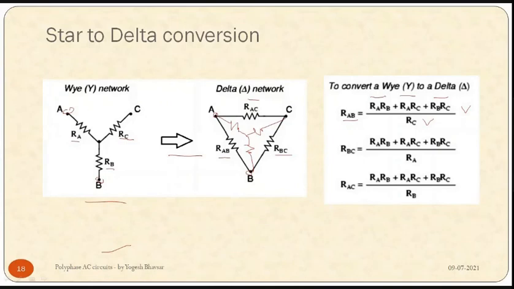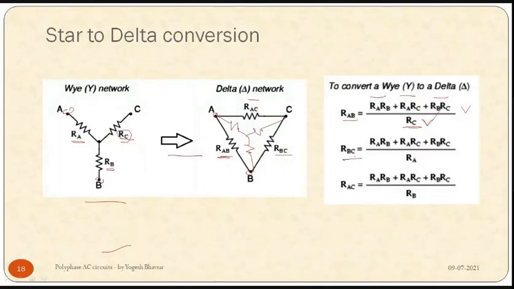The denominator changes, the numerator is the same. So how to remember this formula? On the numerator, you can just keep in mind the multiplication of RA, RB, RC pairs. On the denominator, when we calculate RAB, between points A and B there are two resistances, RA and RB, but not RC. So include that RC in the formula.